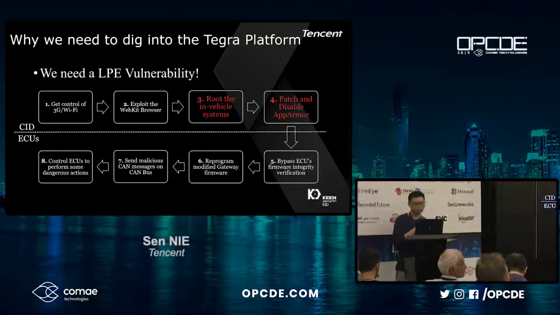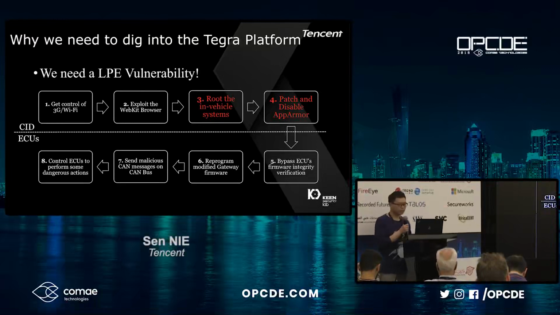So here, in step 3 and step 4, we need a local privilege escalation. In the year 2016, we utilized a well-known kernel vulnerability. So it's easy. It's a well-known bug in the mainstream kernel, but not the kernel-specific part, not in the NVIDIA drivers.